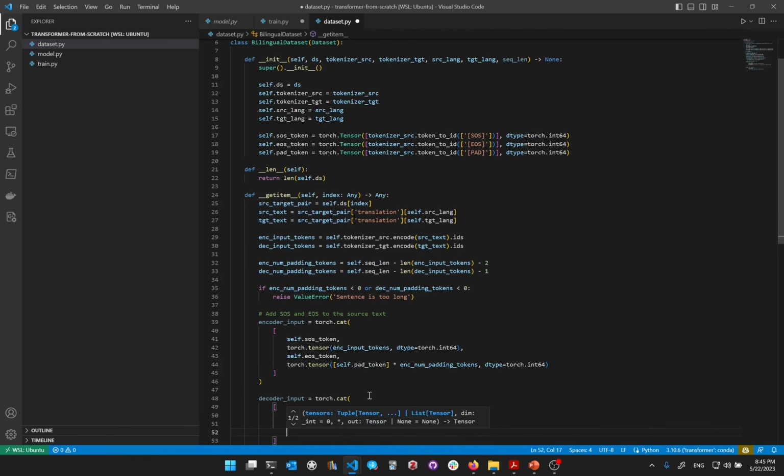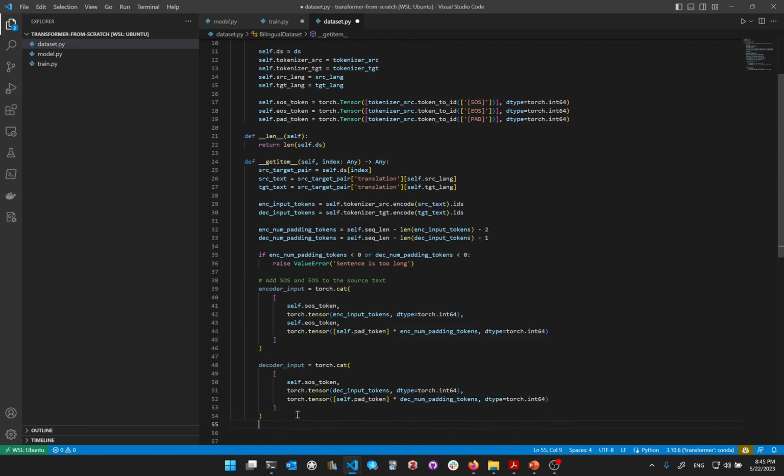And finally we add enough padding tokens to reach the sequence length. We already calculated how many we need. Just use this value now, and then we build the label.